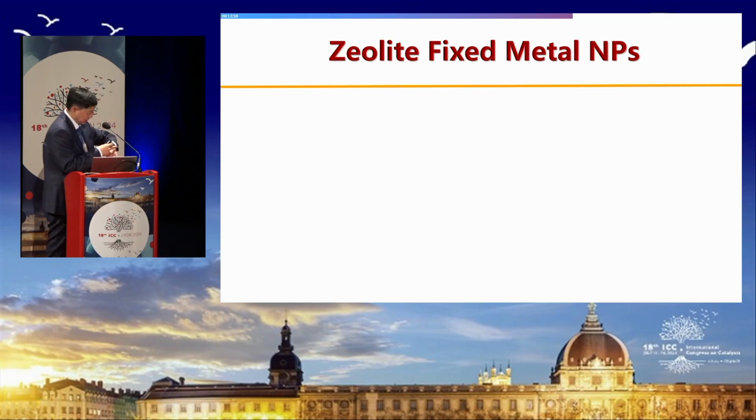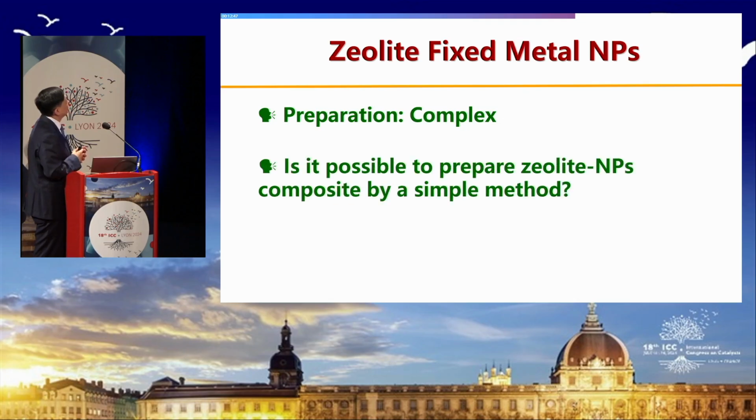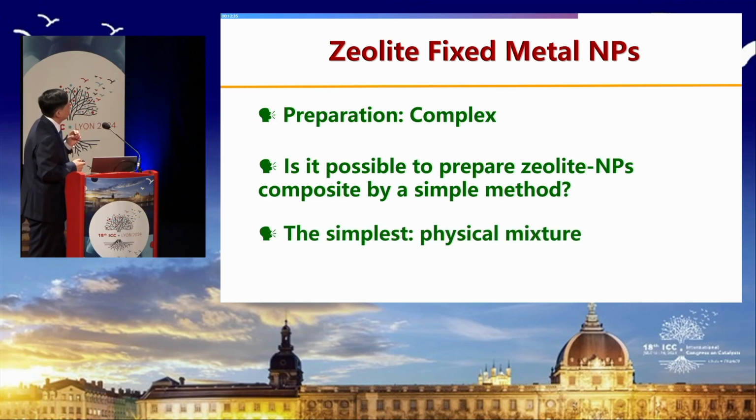I showed you that zeolite-supported nanoparticles are very good, but the preparation looks complex. So is it possible to prepare the zeolite-nanoparticle composite by a simple method? Always think about this. We want to get a new idea. Of course, the simplest method is a physical mixture.